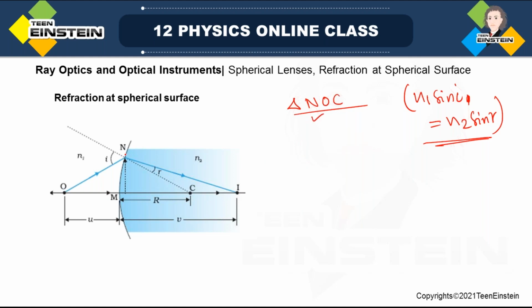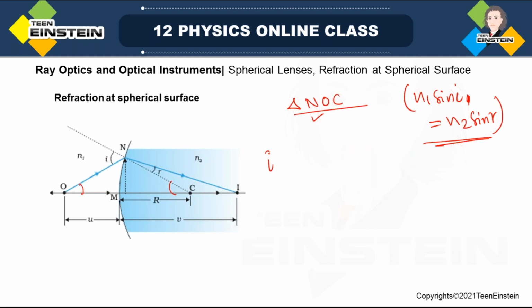In this particular triangle, angle I is the exterior angle. And we know the exterior angle will be the sum of the two interior opposite angles.